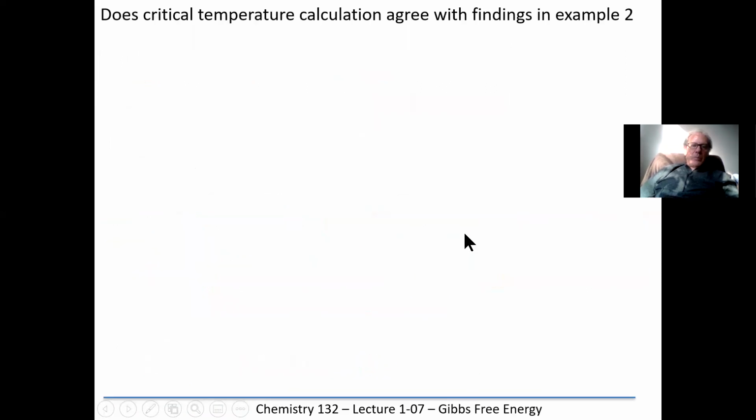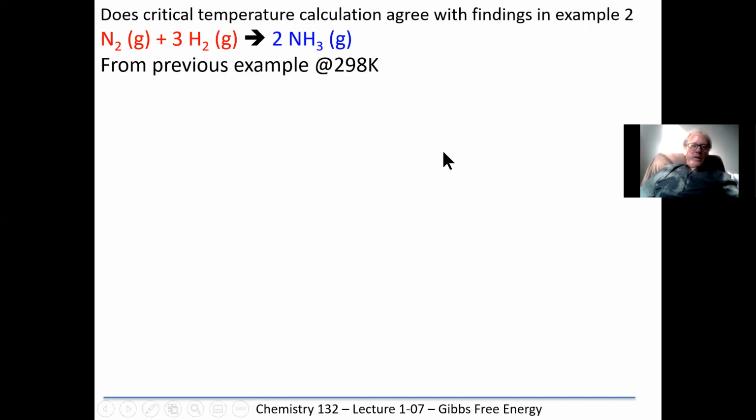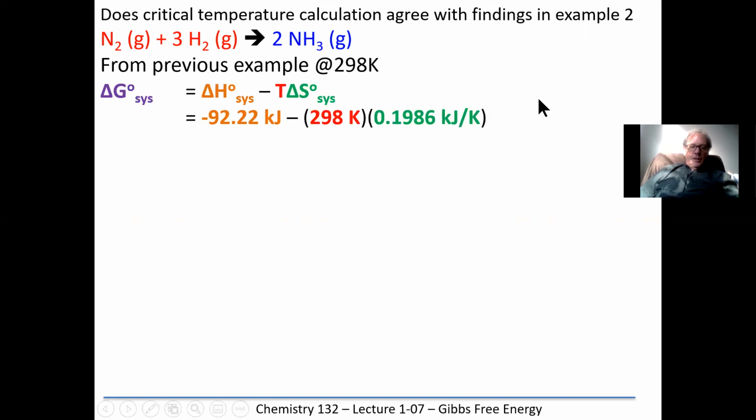Now, does a critical temperature calculation agree with what we found in example number 2? Well, let's take a look here. From the previous example at 298 Kelvin, we calculated delta G. It was minus 33 kilojoules per mole, showing it was spontaneous.